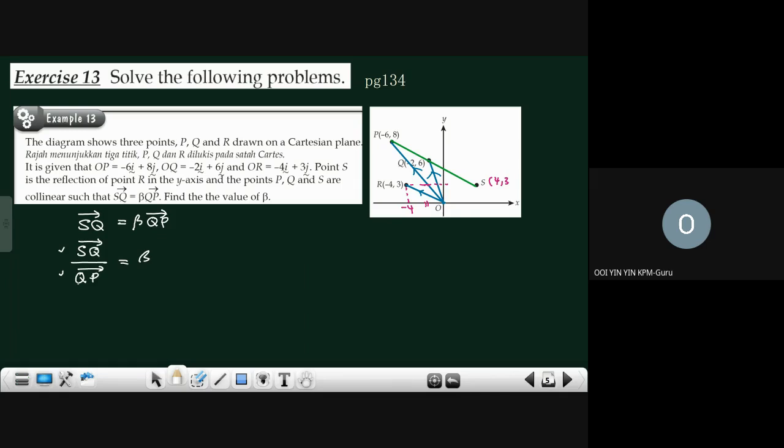我们要仔细看了，有没有办法可以找到 SQ and your QB? Can we find your SQ and QB? If you look carefully, your SQ here.